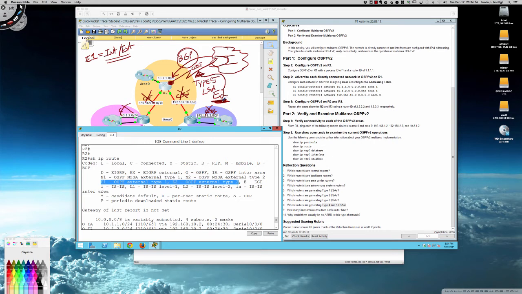So you will always see E2 unless you have set it to be an E1. And so again, a little outside the scope of the CCNA, but definitely something I wanted to explain. We had some students on Saturday that said, well, what's the difference between E1 and E2? Why would a route have E1 as opposed to E2? And so this is why.